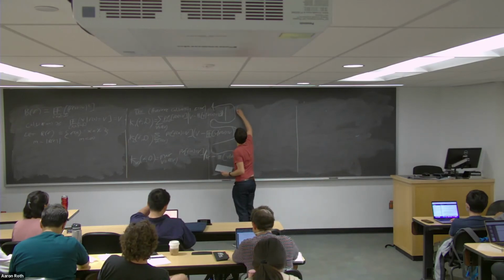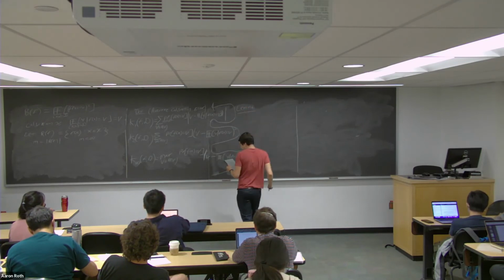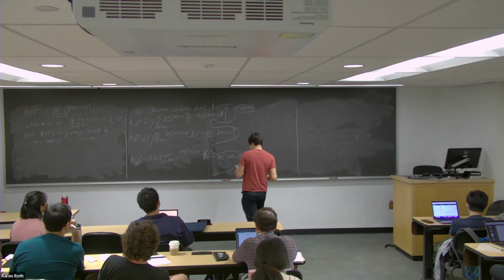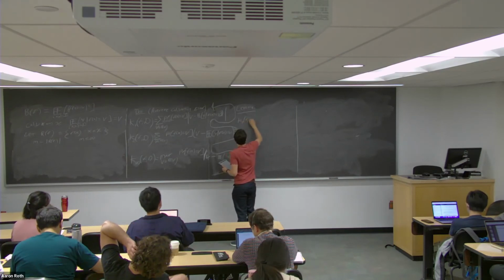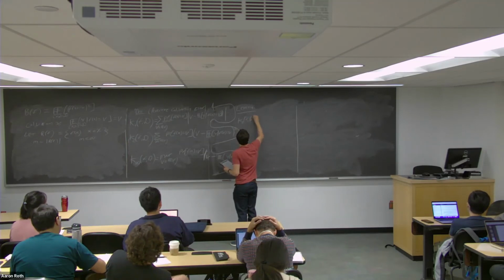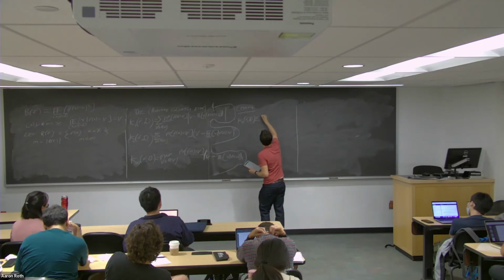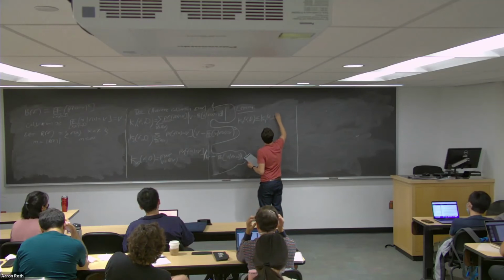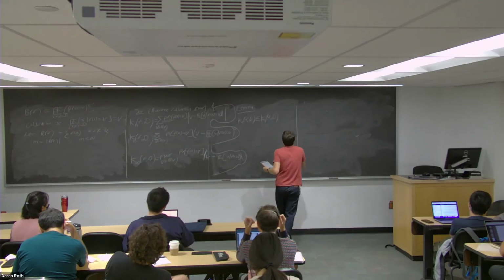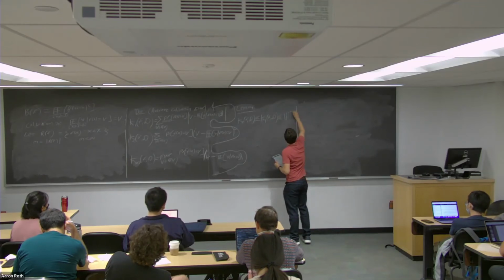So what is it? Well, the L2 calibration error is always smaller than the L1 calibration error, and it's not that much smaller. The L1 calibration error is bounded by the square root of the L2 calibration error.